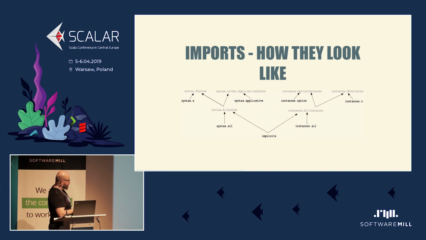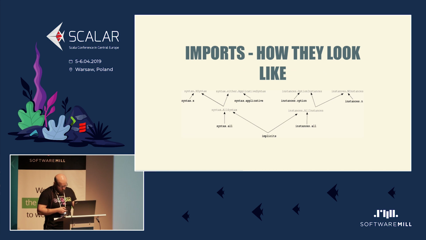There's a corresponding object that you can also import if you just want that thing. And both those syntax and instance trees eventually go towards all syntax and all instances, which also have objects if you want to import those. And finally, cats.implicits extends both of those two.